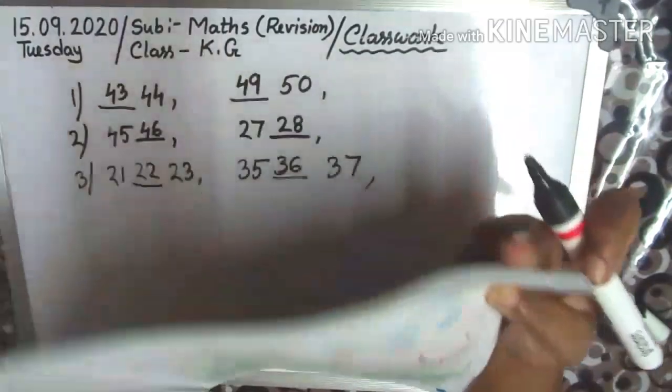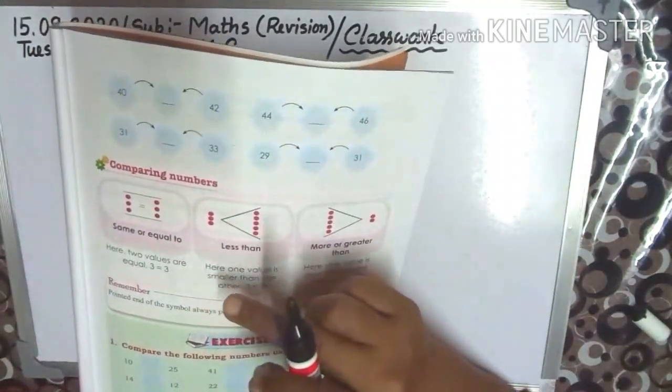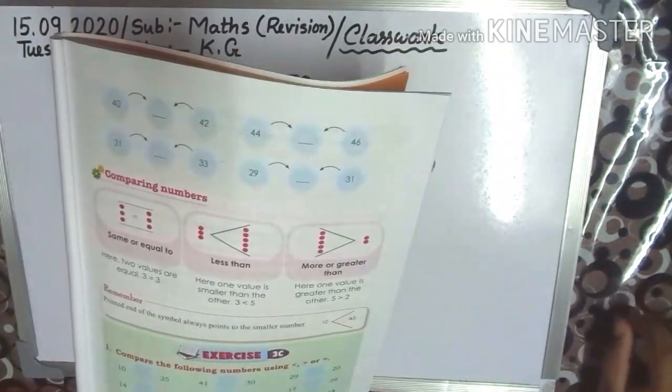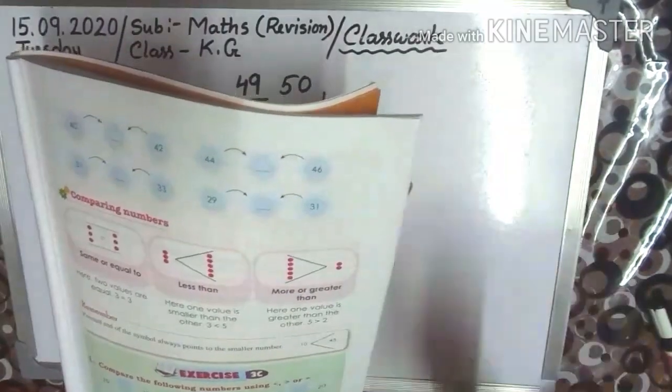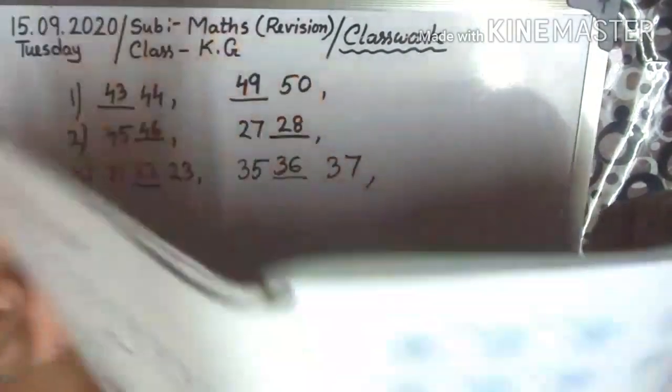Okay, so practice children. Next, same or equal to and less than sign and greater than sign is very important. Exercise 3C.